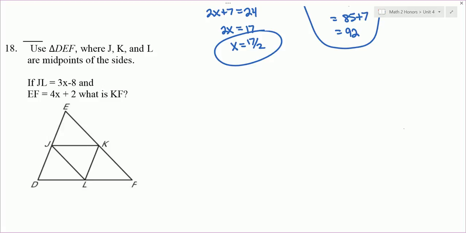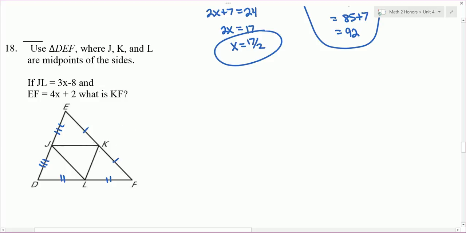Use triangle DEF, where J, K, and L are midpoints. If JL is 3x minus 8 and EF is 4x plus 2, what is KF? Okay, so here's what we know.